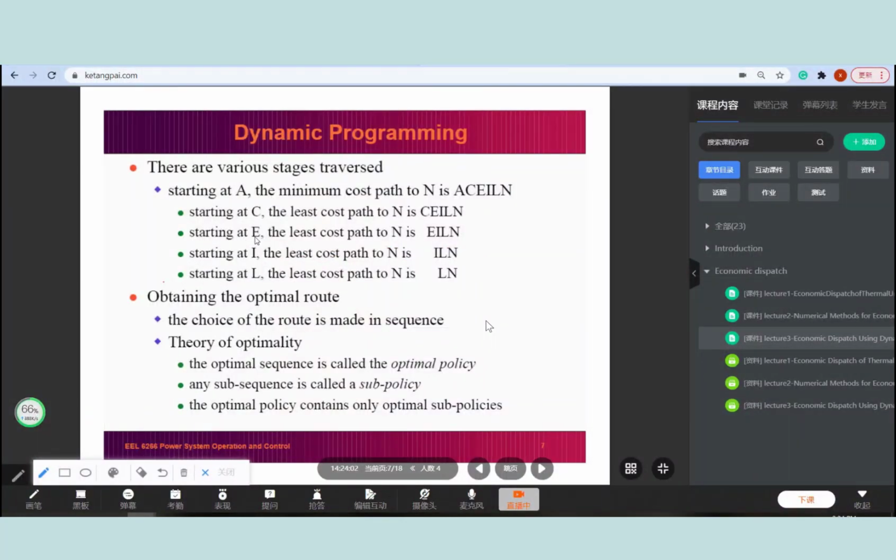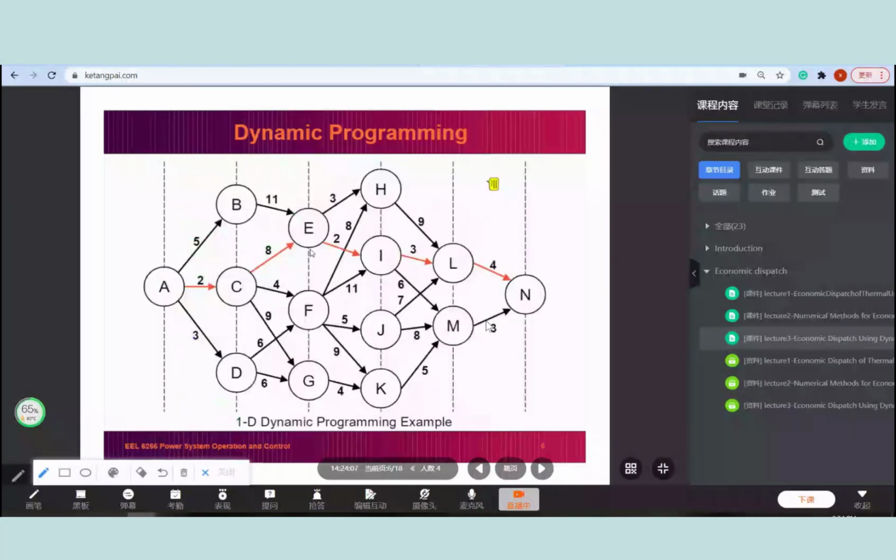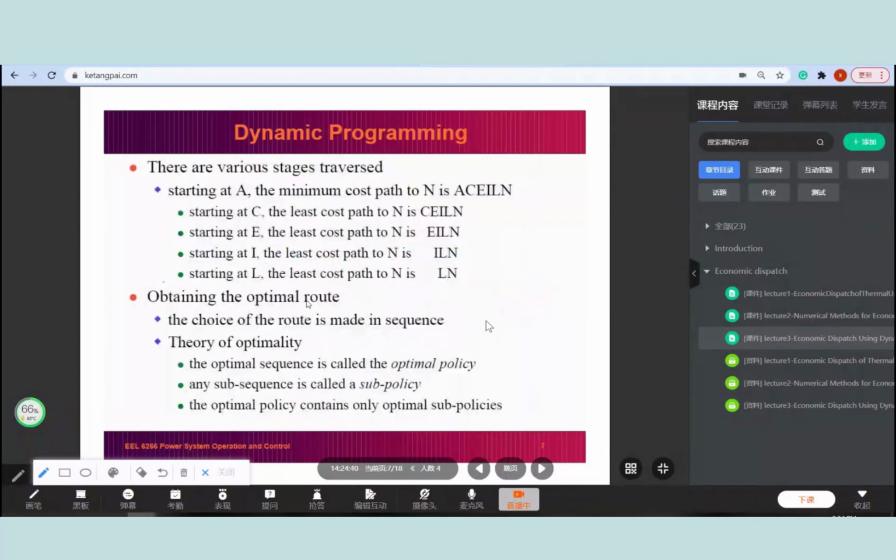If you travel from E to N, you will find the best path is EILN. And similarly for ILN. So based on this, you can observe some conclusions.